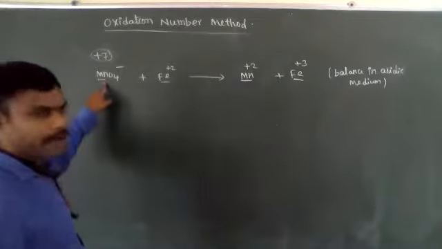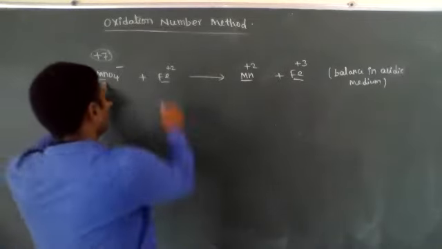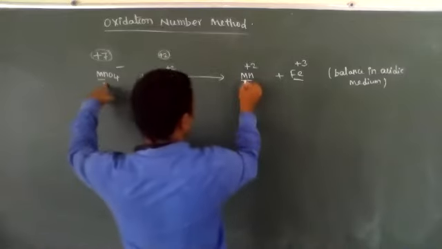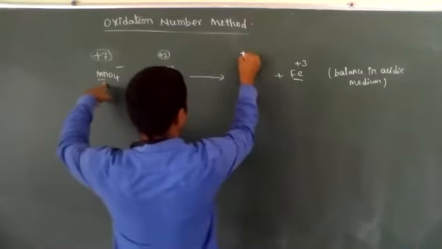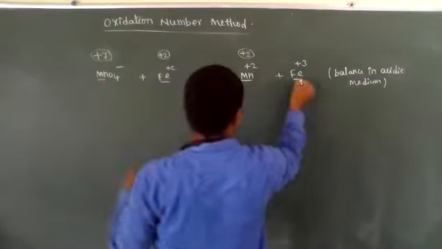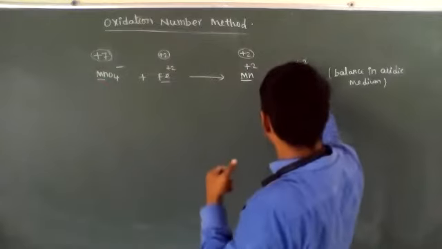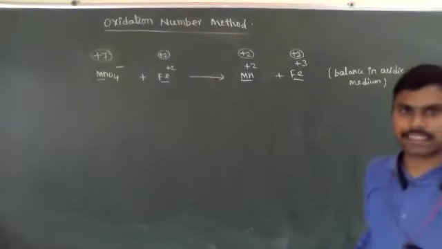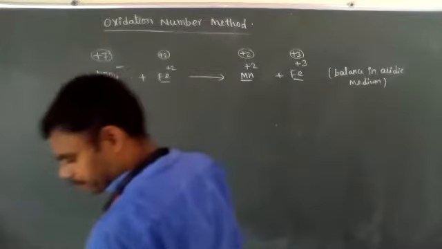What is the oxidation number of manganese? Plus 7. What is the oxidation number of Fe plus 2? Plus 2. What is the oxidation number of Mn plus 2? Plus 2. What is the oxidation number of Fe plus 3? Plus 3. For ions, the oxidation numbers are as they are. Okay. Next.